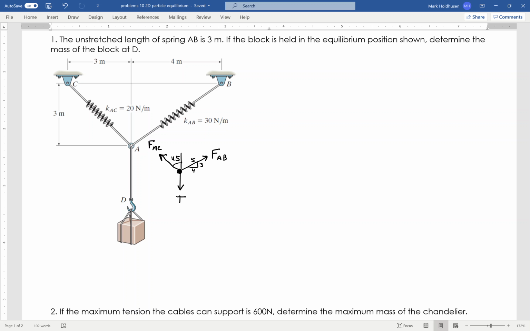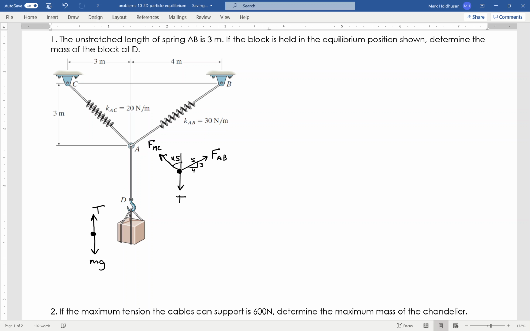Okay, so let's talk a little bit about the tension going downwards. Now I drew it as tension. Moving forward, we will just say it's the weight of the object. But officially, I have a free body diagram of the body that I'm dealing with, the block that I've got there, and that block has a weight given by mass times gravity. And then there's the tension pulling back up.